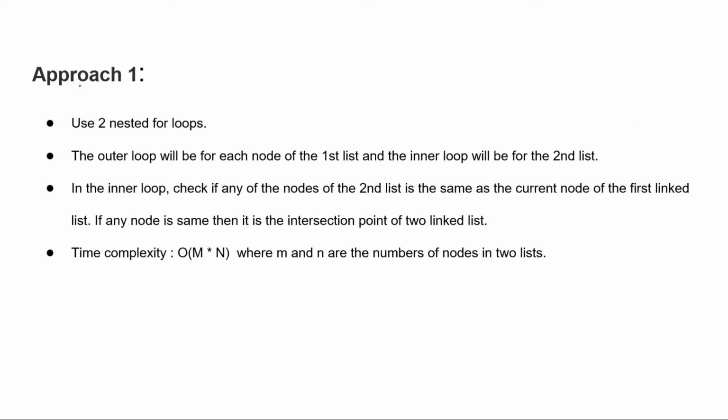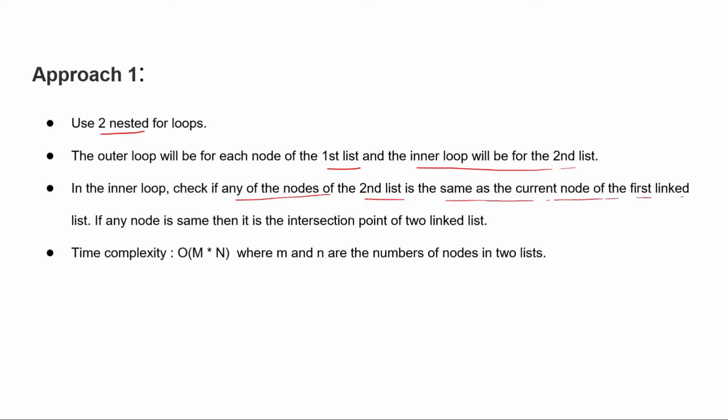This is our first approach, in which we use nested loops. The outer loop is for the first list and the inner loop is for the second list. In the inner loop we check whether any node of the second list is the same as the current node of the first linked list.